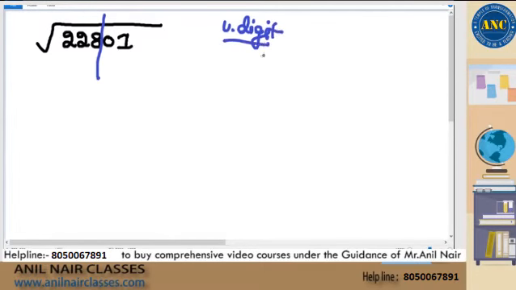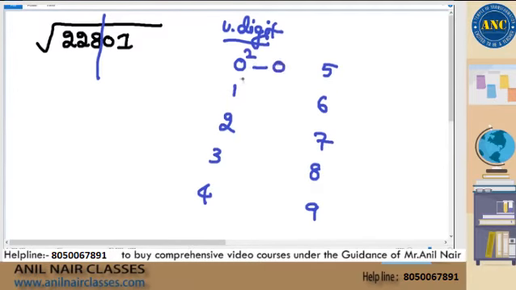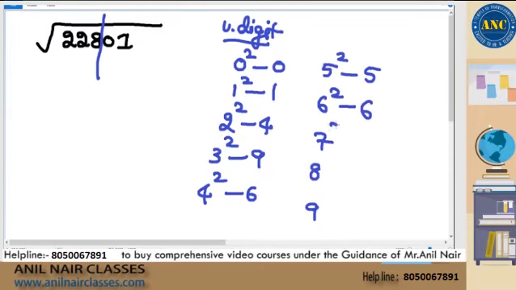Unit digit will be 0, 1, 2, 3, 4, 5, 6, 7, 8, 9. 0 square is 0, 1 square is 1, 2 square is 4, 3 square is 9, 4 square is 16, 5 square is 25, 6 square is 36, 7 square 49, 8 square 64, 9 square 81. It is ending with 1. If it is ending with 1, which numbers are there? 1 or 9. So it will be 1 or it will be 9.